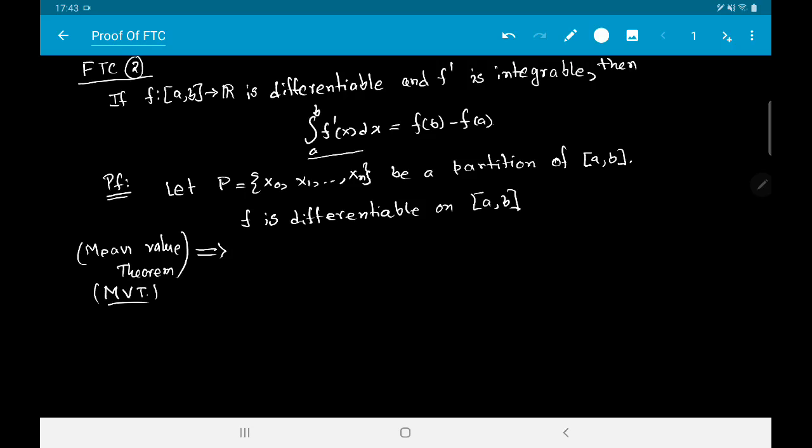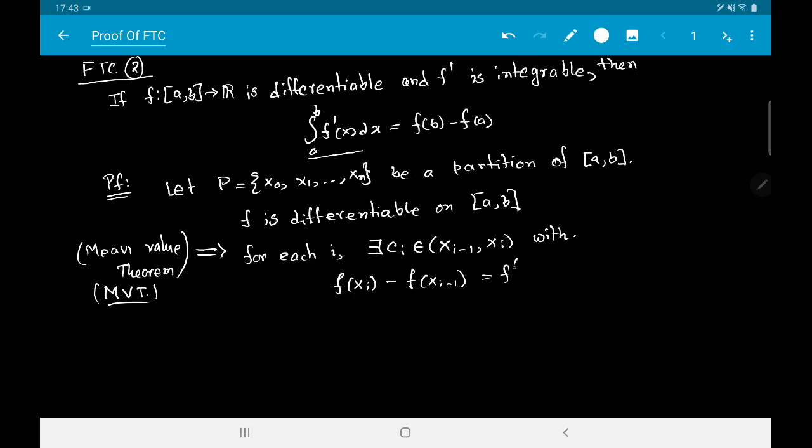It says that for each i there exists ci in the open interval (xi−1, xi) with f(xi) − f(xi−1) equal to f prime(ci) times (xi − xi−1).